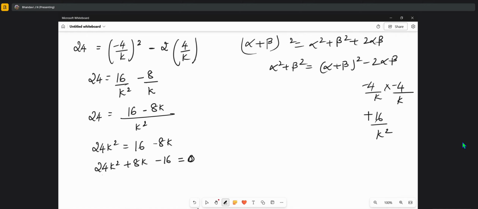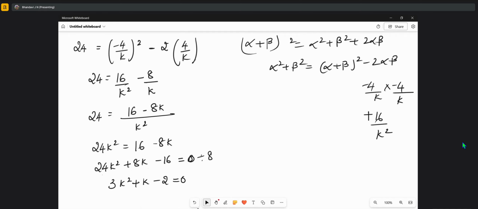Now every element I can divide by 8 here. So what will you get? 24 by 8, 3k square plus k minus 2 is equal to 0. Now do the middle term splitting and find the k value. Find k.